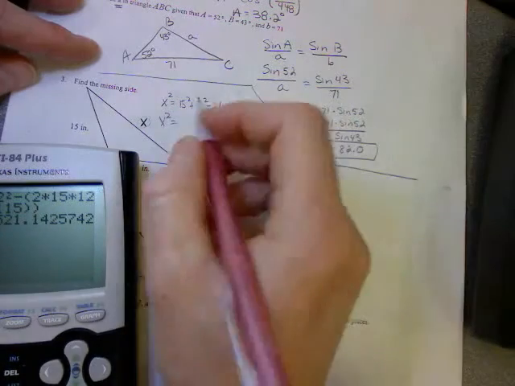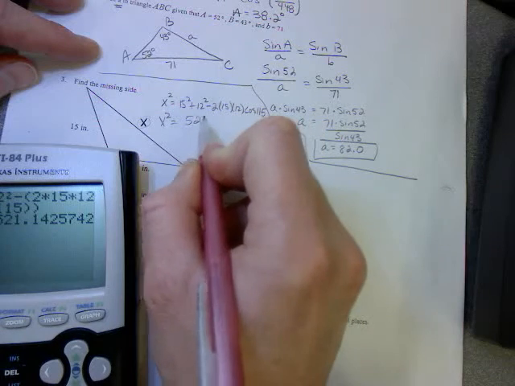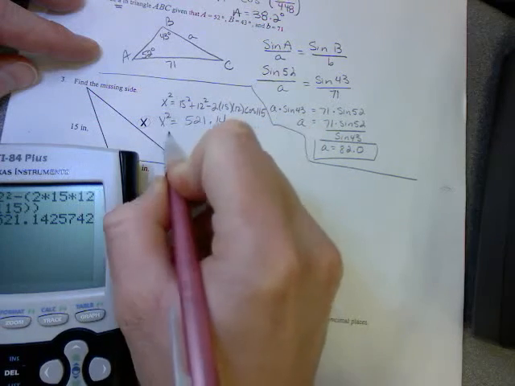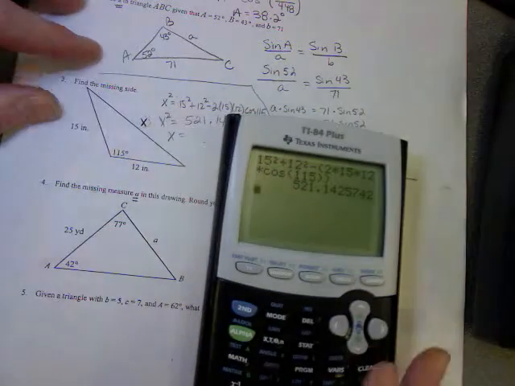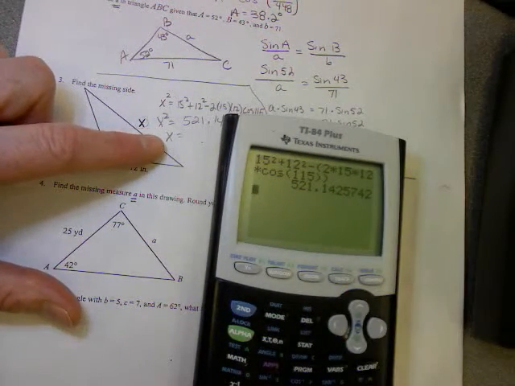521.14. Now I'm just going to write that, but I'm not going to take it out of the calculator yet. 521.14. And then we're going to take the square root of this answer, and I don't want to round yet because we only round the last step.